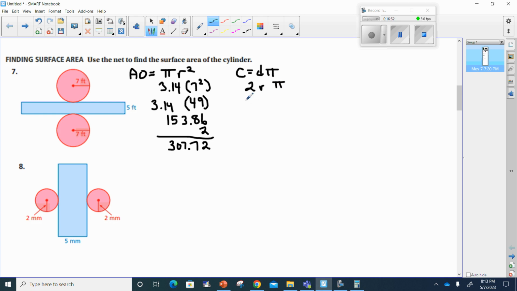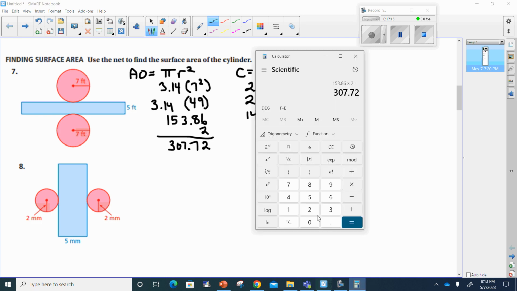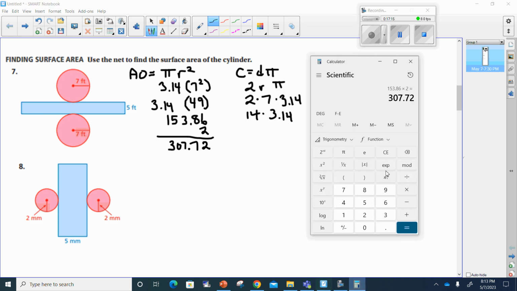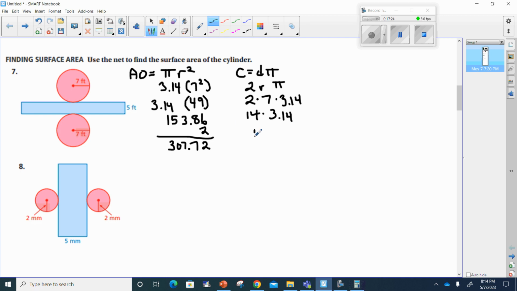We know the radius is 7, so I'm going to put 2 times 7 and multiply that by 3.14. 2 times 7 is 14, so now I have 14 times 3.14, which is 43.96.